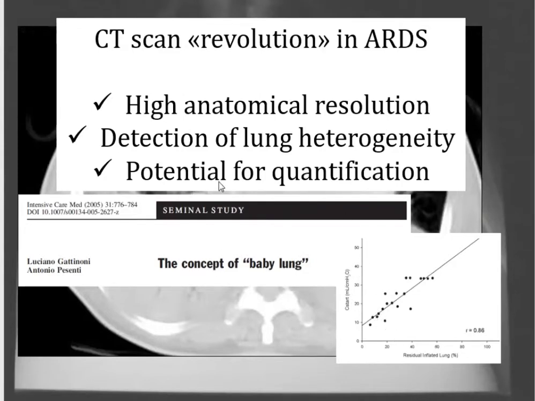But I still think that CT scan in ARDS, and I would say generally speaking in the evaluation of the respiratory system, is our benchmark. It has a very high anatomical resolution.